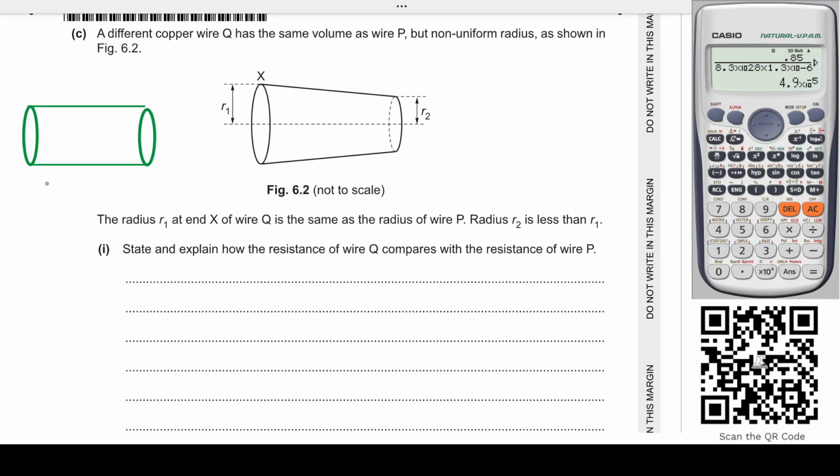And so this is a wire P and this is a wire Q. The wire P has uniform cross-sectional area. The wire Q has non-uniform cross-sectional area.